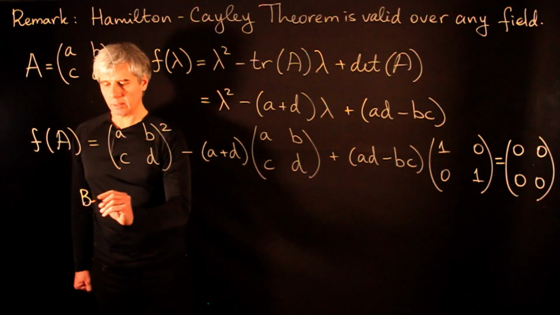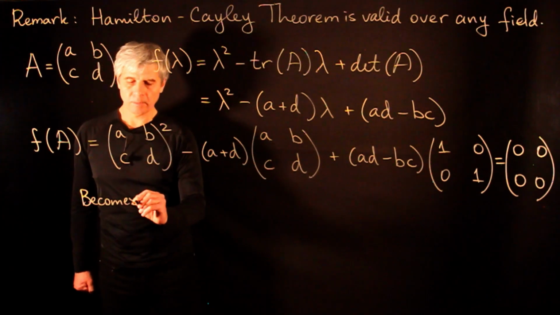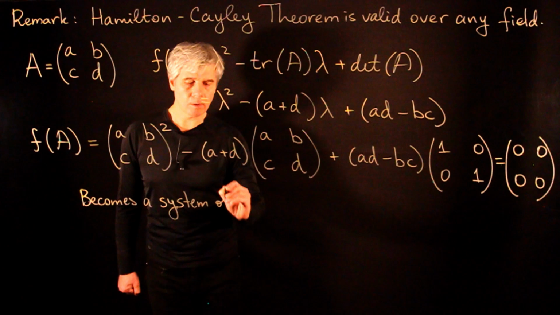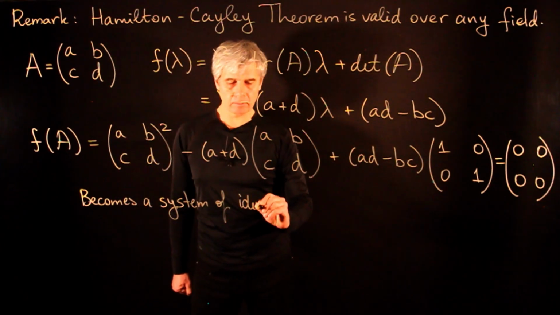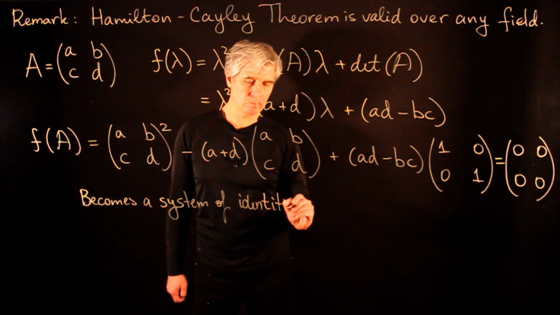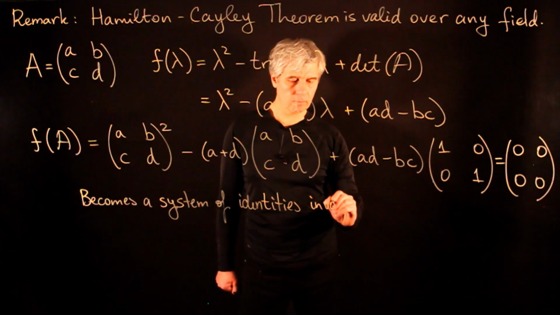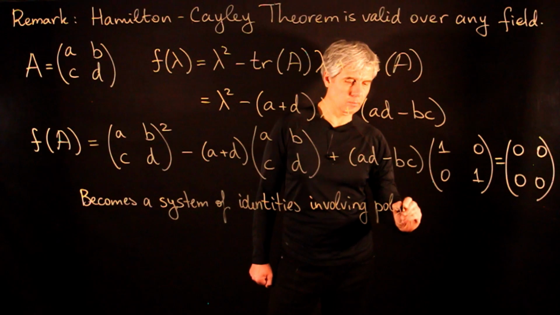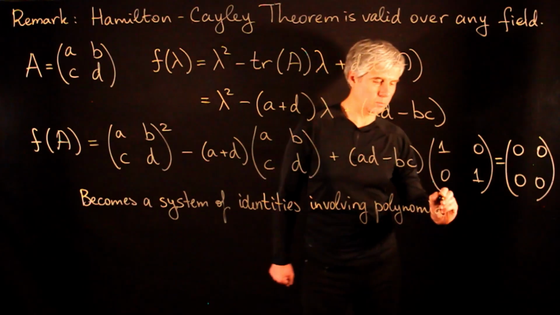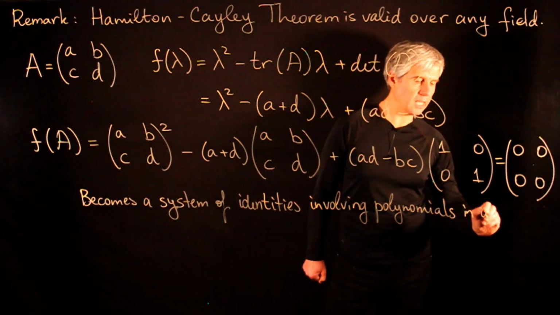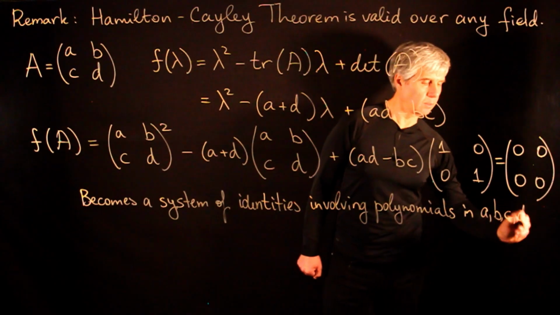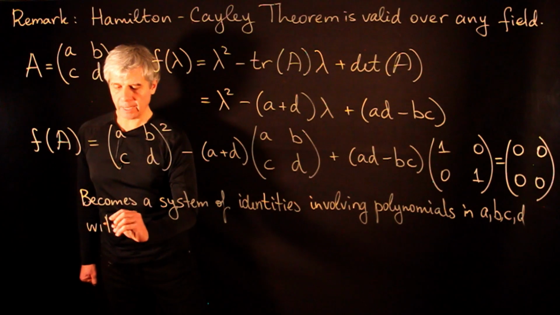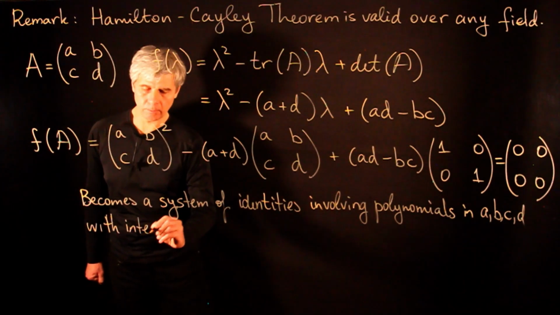This becomes a system of identities involving polynomials in variables a, b, c, d, and these polynomials will have integer coefficients.